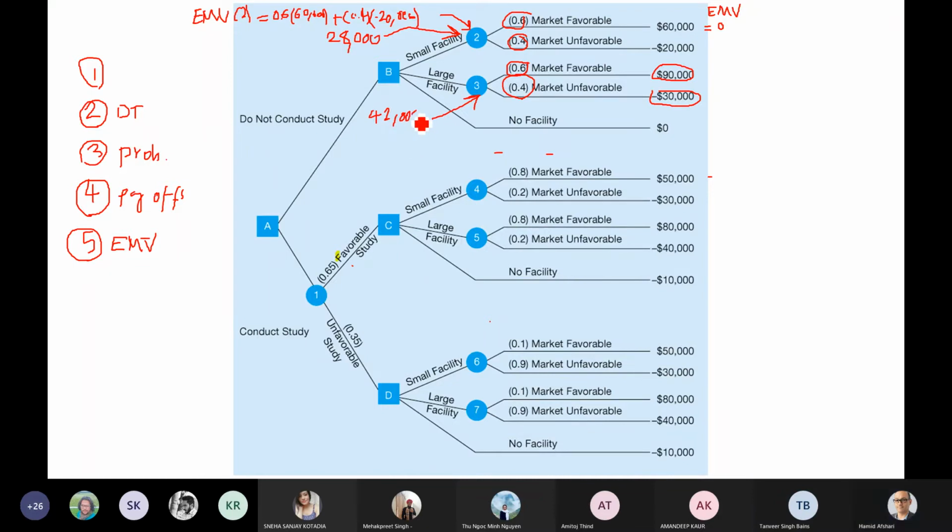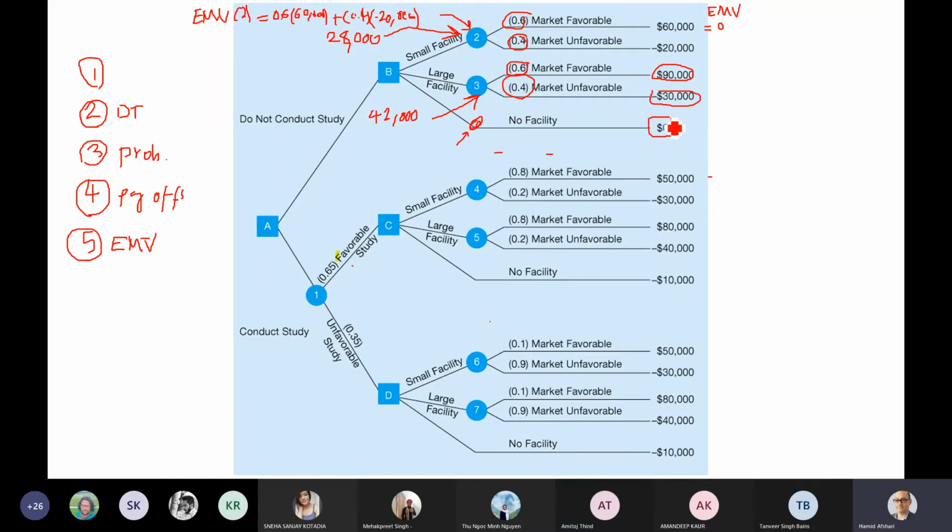Okay. So I have the values. I just want you to calculate. So 42. Okay. And when we do nothing, the value here is 0. And we don't need to write it here. We just have it here.